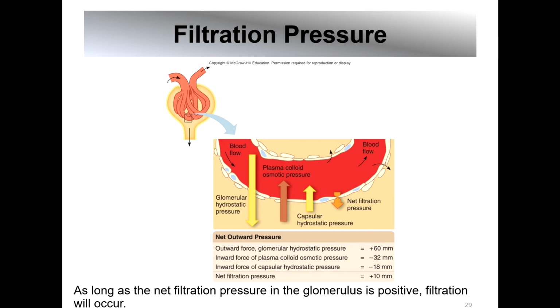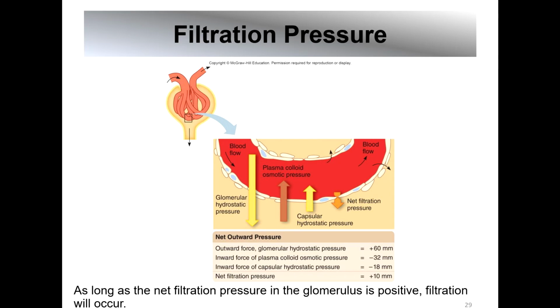Now the colloid osmotic pressure, or colloid oncotic pressure, whichever term you like, is the osmotic pressure generated by just the presence of solutes. In this case, it's going to be large plasma proteins. They attract water, they draw it in. And so the pressure's been measured at negative 32 millimeters mercury. In other words, the force is inward because it's negative.